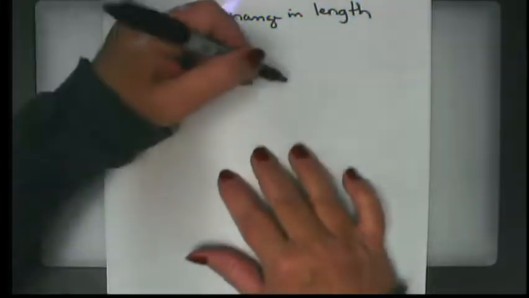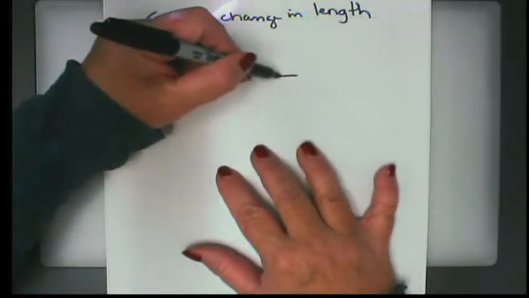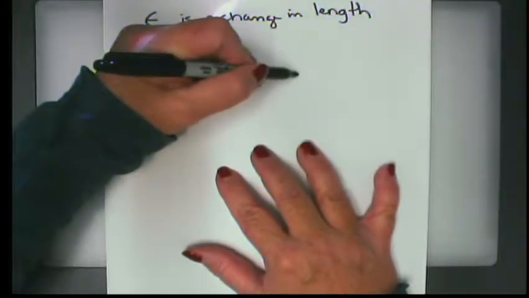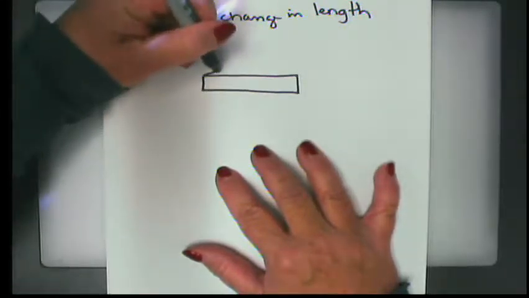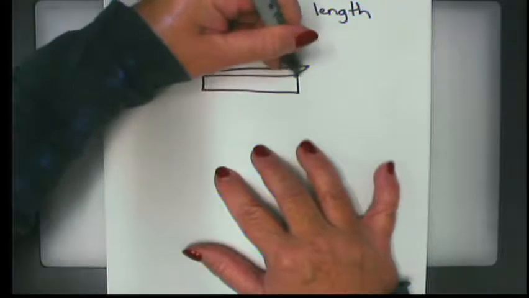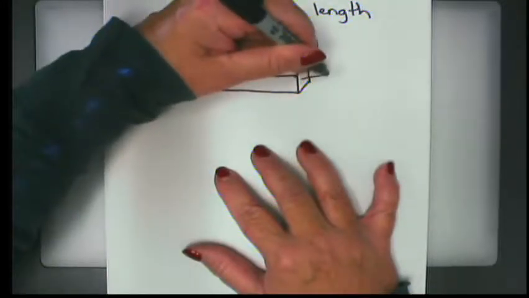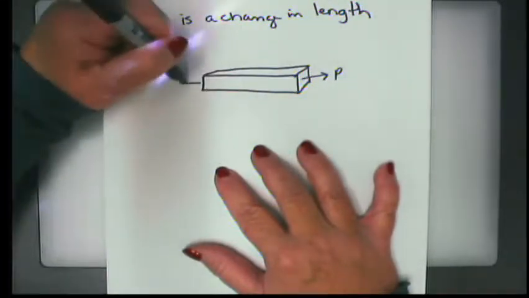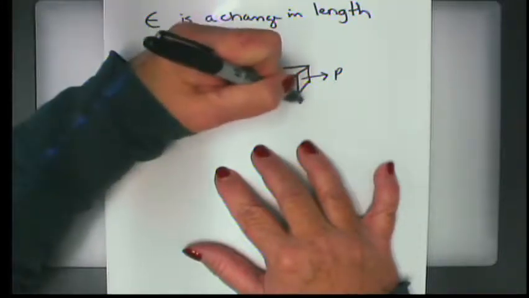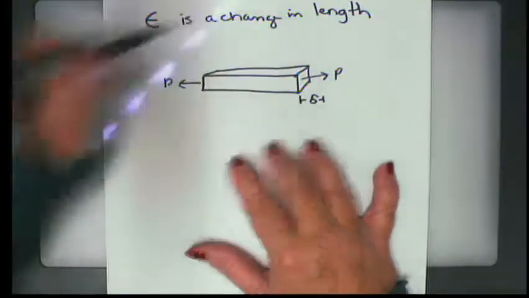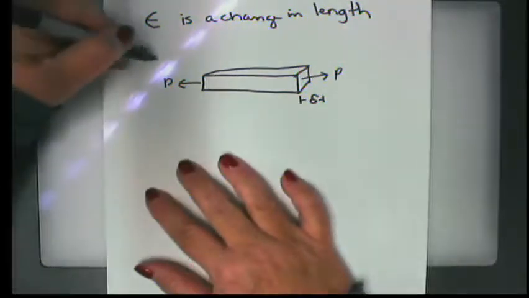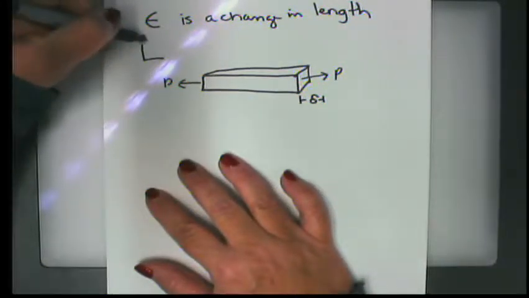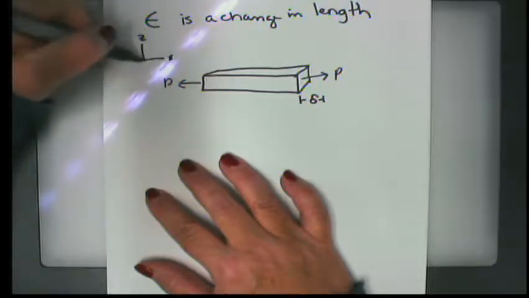So let me ask you a question, and this is just a thought problem that I think you can answer. If we have a structural member and we pull on it, put it into tension, and we get some amount of an elongation of the structural member along, let's call this the x-axis.